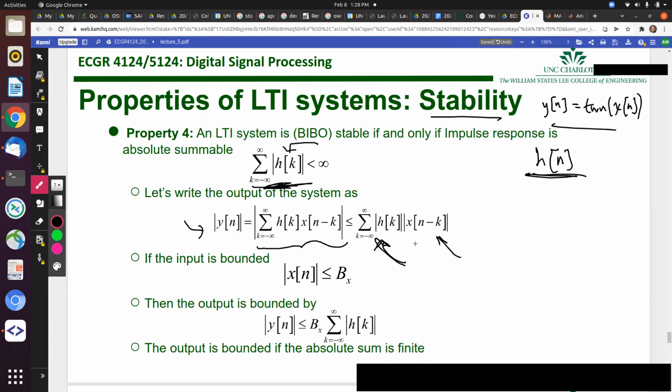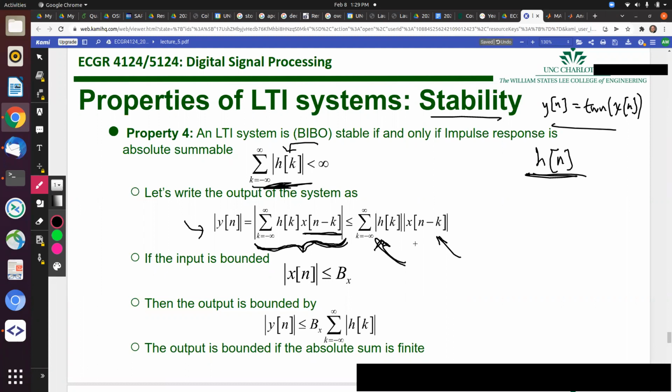Does that make sense? You could do it as a mathematical proof, but I'm just going to hit the highlights. This is the convolution equation, and what we're doing is measuring the magnitude of the convolution equation. The property we're trying to show is bounded input, bounded output. That means every one of these values, X of n minus K, is bounded because of the bounded input part.